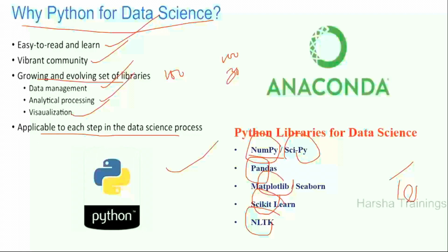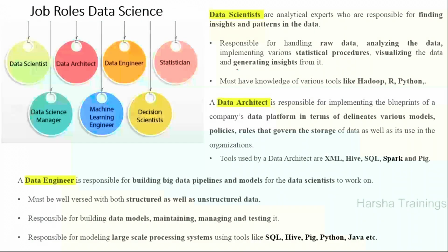Clear? Okay. Now, there are so many roles in the market if you want to become a data scientist. The first role is data scientist. Data scientists are analytical experts responsible for finding insights and patterns within large data sets.